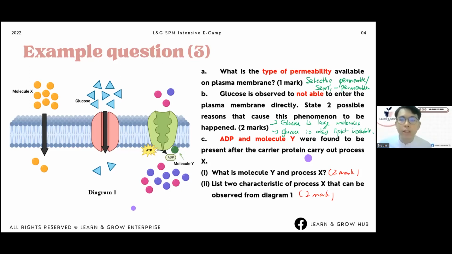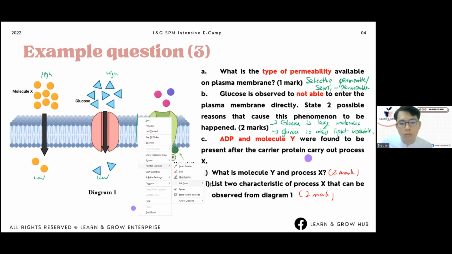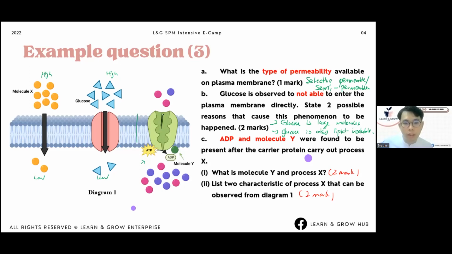They say ADP and molecule Y were found to be present after the carrier molecule carries out process X. From this diagram, we can see this one is from high concentration to low, here also high to low. For here, if the ATP is applied, the direction will be like this.